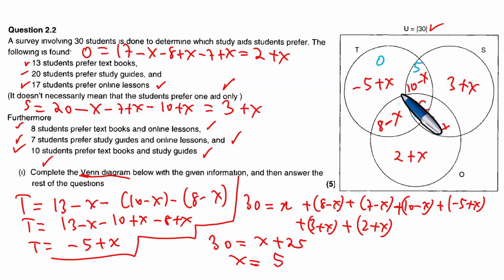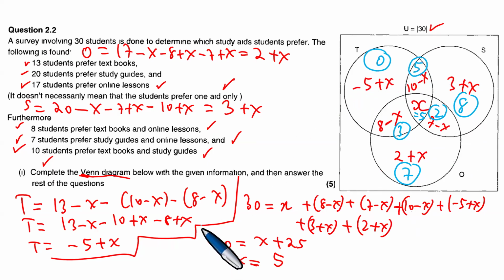There you'd have 5 minus that, which is 3, and 3 plus 5 gives us 8. Then 7 minus 5 is 2, and 2 plus 5 is 7. These are the accurate elements of this Venn diagram, and then we will answer the questions that follow.